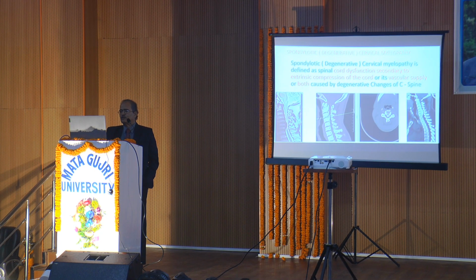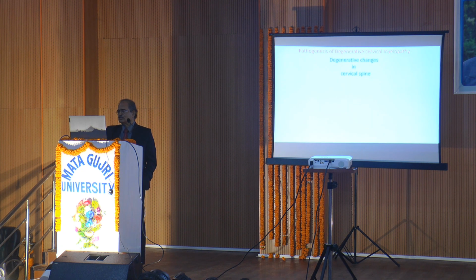It is defined as spinal cord dysfunction secondary to extensive compression of the cord or its vascular supply or both. They may be coexistent. Okay? Now this case which I have shown is a case of OPLL, that is ossified posterior longitudinal ligament. See the amount of compression this cord has, and this patient presented with myelopathy.